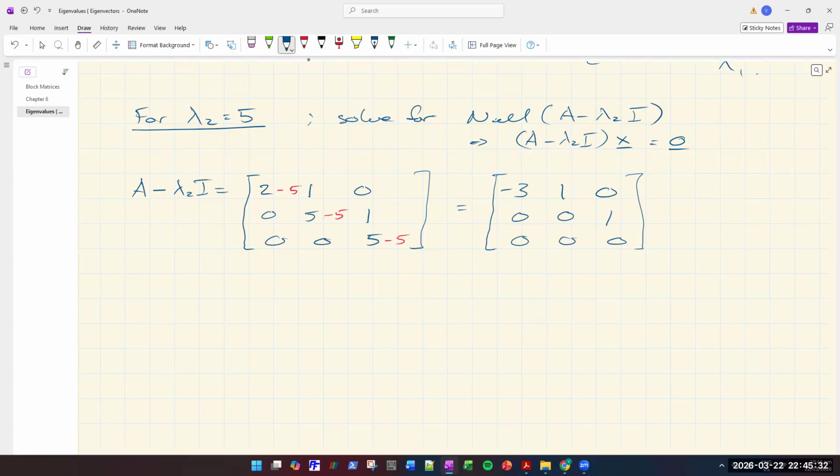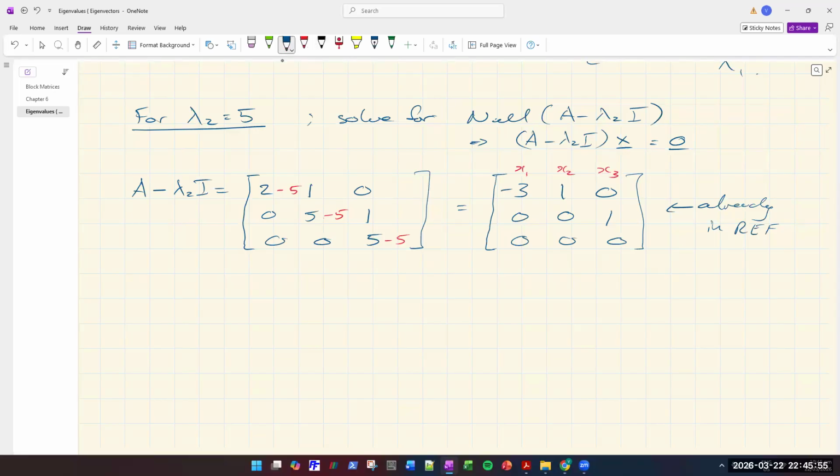So actually, we don't even need to row reduce this. This matrix is already in row echelon form. Here's x1, here's x2, and here's x3.